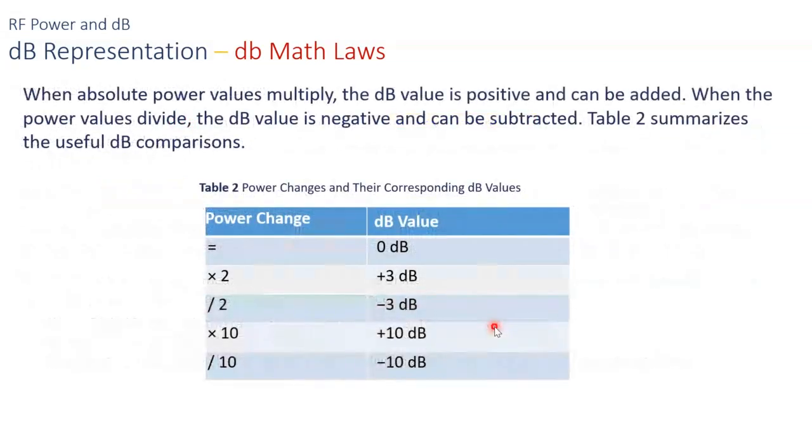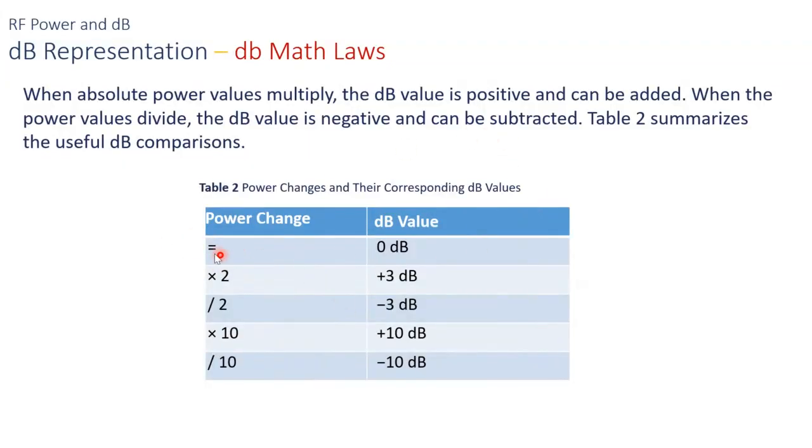So this is the summary. When absolute power values multiply, the dB value is positive and can be added. When the power values divide, the dB value is negative and can be subtracted. Here's the summary.